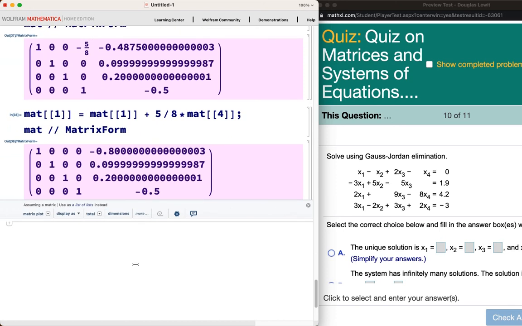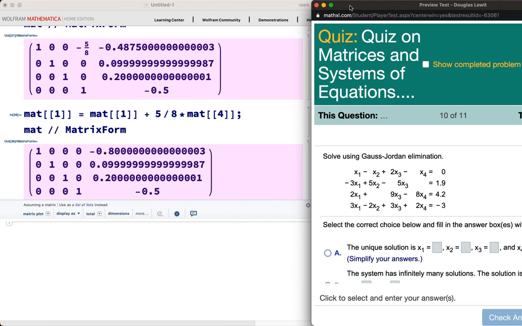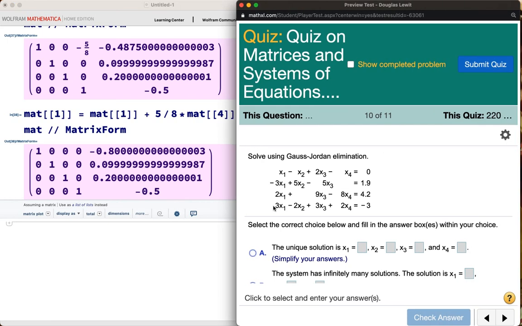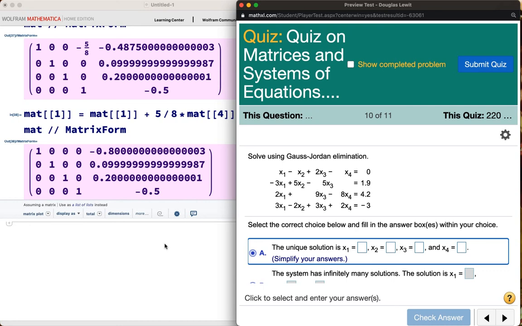So let's see what our answer is going to be. Okay, the unique solution is, simplify your answers. Now, what really bothers me about this is the round off error. There's going to be round off error going on here.